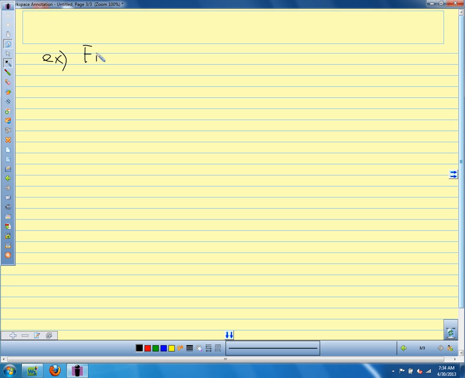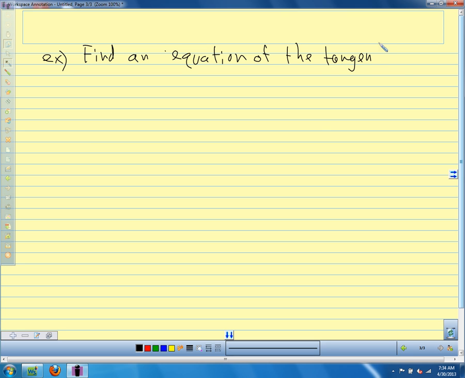So for our first example, we want to find an equation of the tangent plane to this parametric surface, R of u and v.